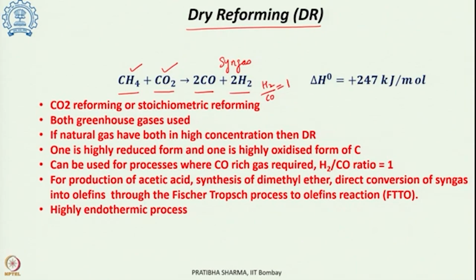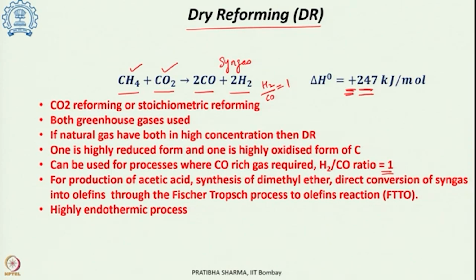In the ideal case it is 1, but it could be less than 1 also. We will see under what conditions. The reaction delta H value is positive, which shows it is endothermic, and its value suggests that it is even more endothermic than the steam methane reforming reaction.